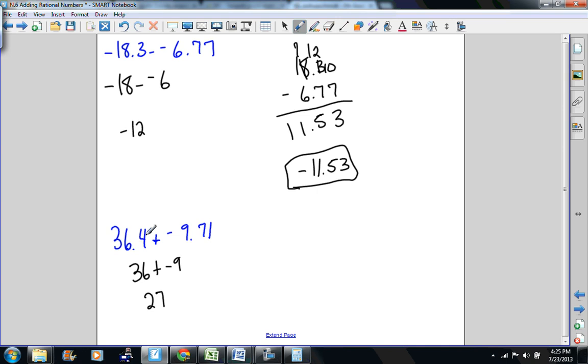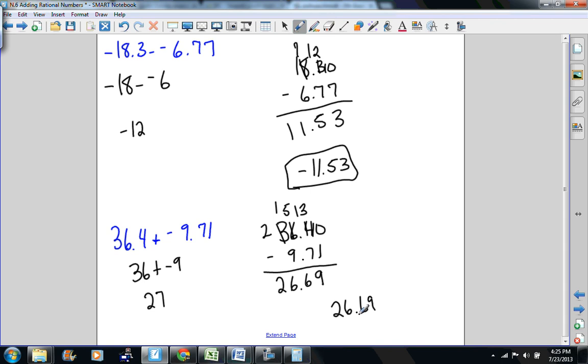So we're going to do the first number minus the second. I get 36.40 minus 9.71. Do a little bit more borrowing. It's 9. That's 6. Decimal comes down. That's 6. And our answer is 26.69.